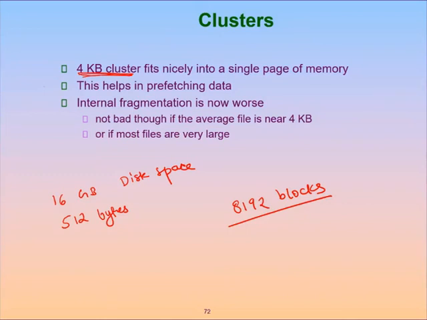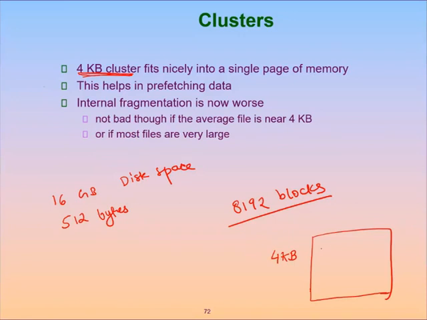However, the problem is internal fragmentation is now worse. And what do I mean by internal fragmentation? Now we are saying that 4 KB is one block, or one cluster, whatever.